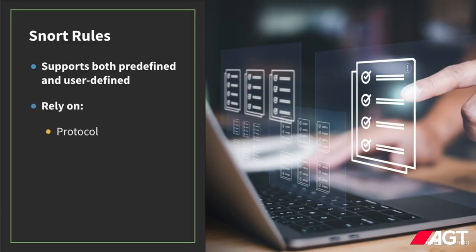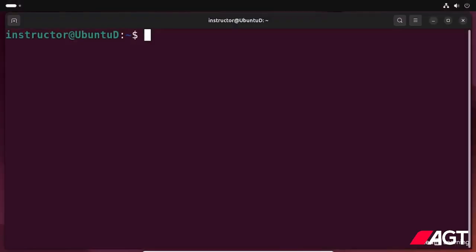Rules rely on the protocol a packet is associated with, and where it originated from and went, and are, therefore, different from signatures, which are unique fingerprints in packets. I have Snort installed on my Linux virtual machine.